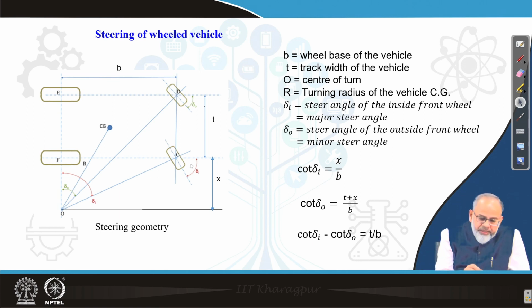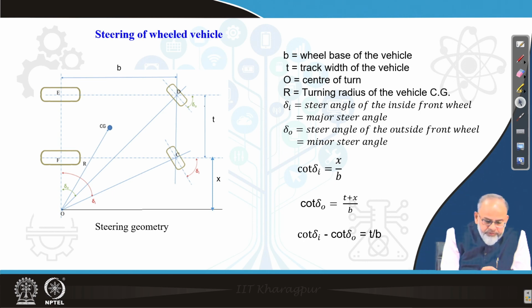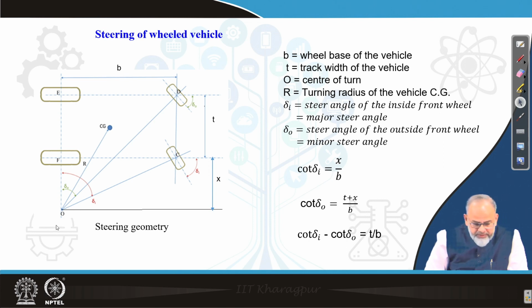Similar to delta I, there is an angle delta 0, the steer angle of the outside front wheel, called the minor steer angle. Now, if you look at the right angle triangle OFC, cot delta I will be equal to x upon b.